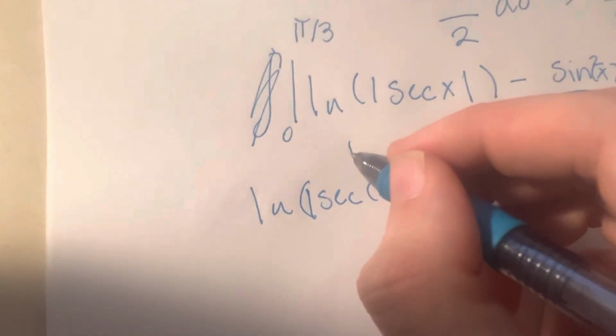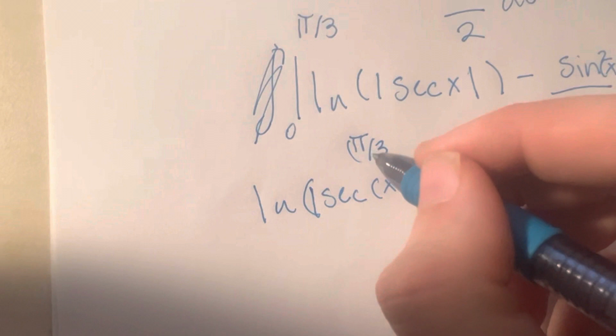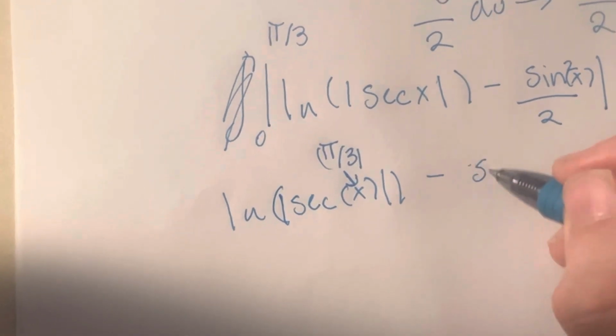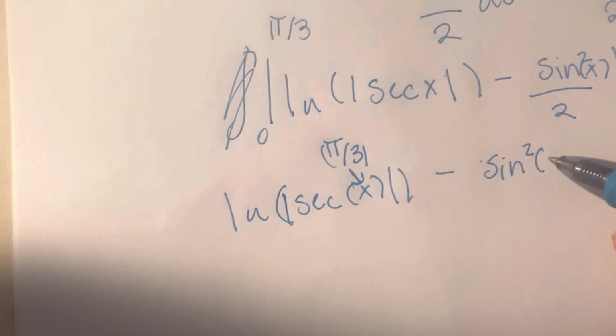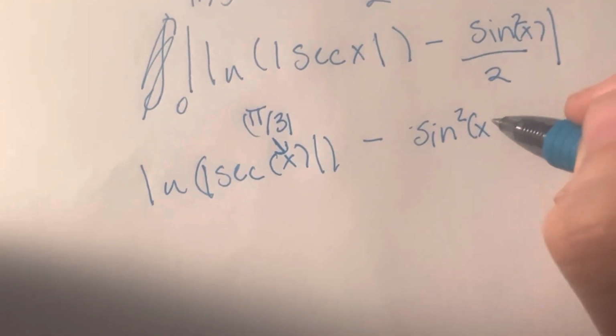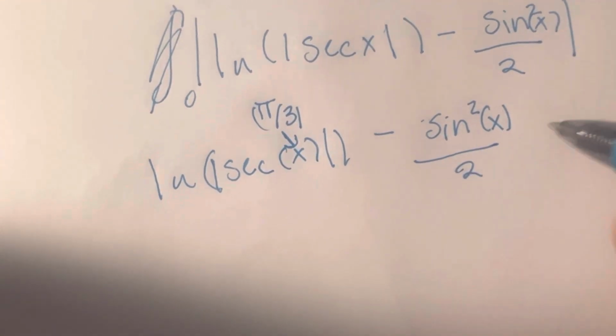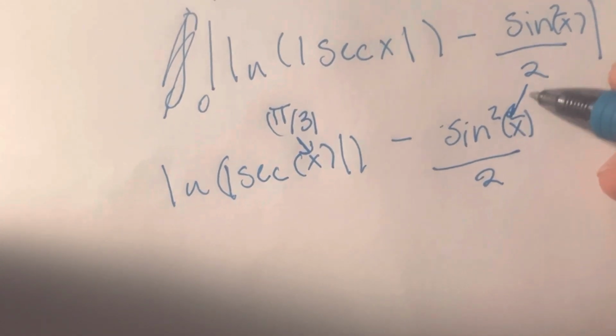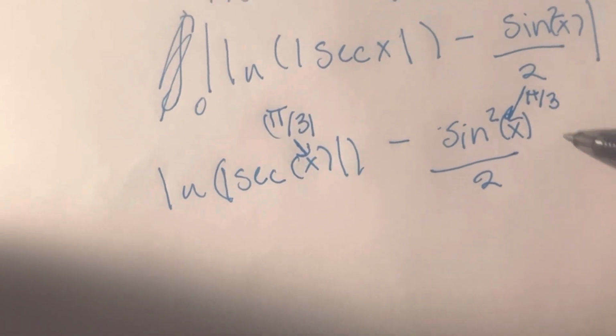where x will now be pi over 3, minus sine squared x divided by 2, which this x is now pi over 3.